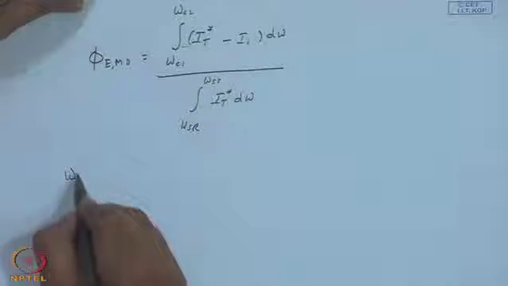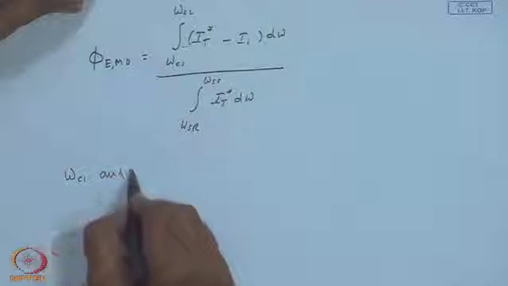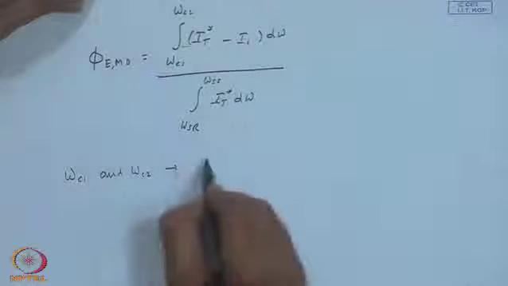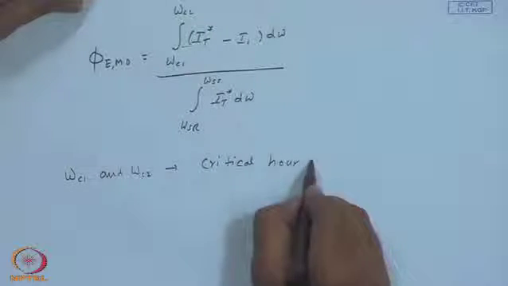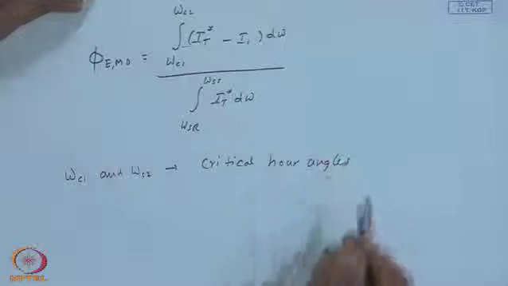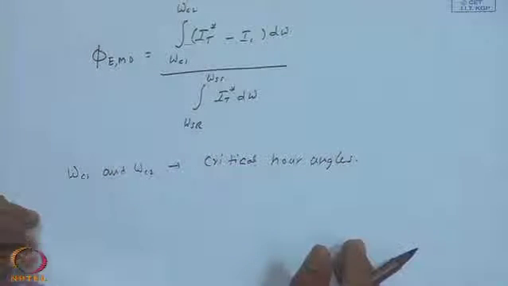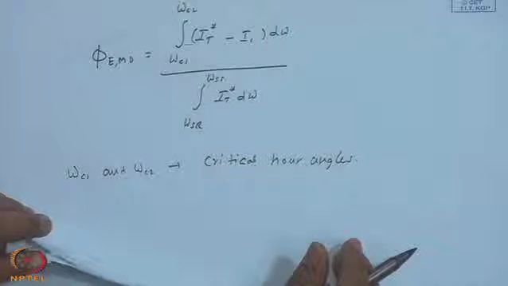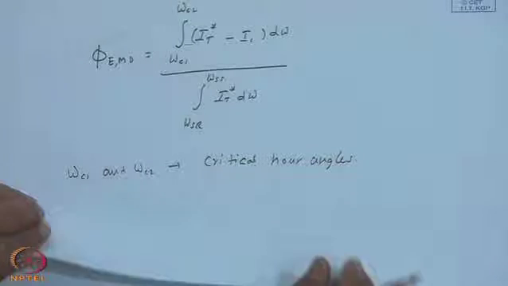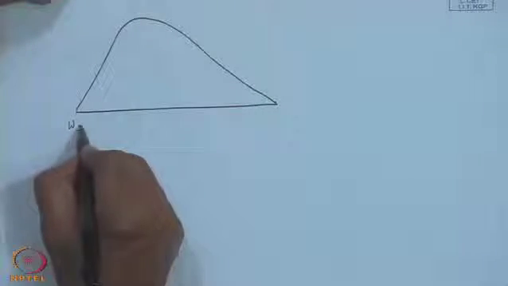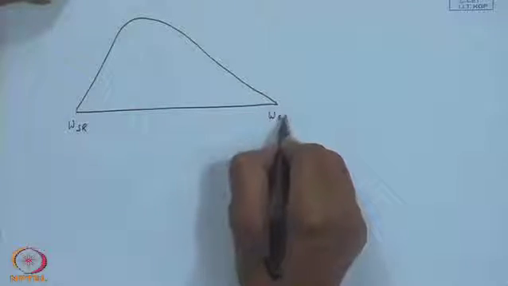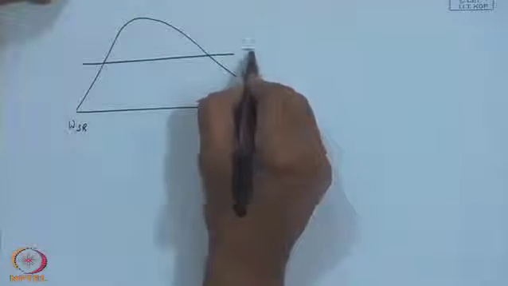Omega c 1 and omega c 2, which I shall call the critical hour angles, which may or may not be equal magnitude wise, depending upon whether it is south facing or non south facing collector, and pictorially if you have, let us say, gamma not equal to 0, this is omega SR, this is omega SS, and this is my IC.